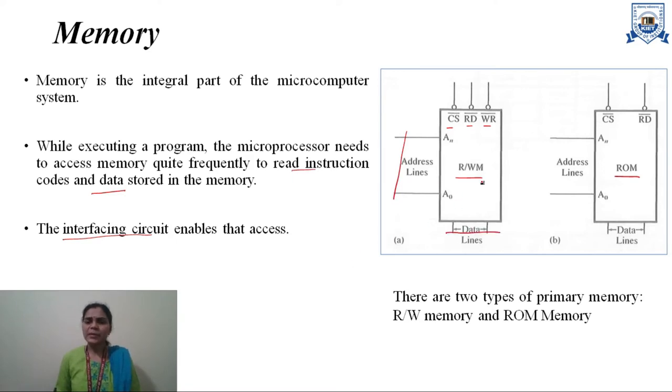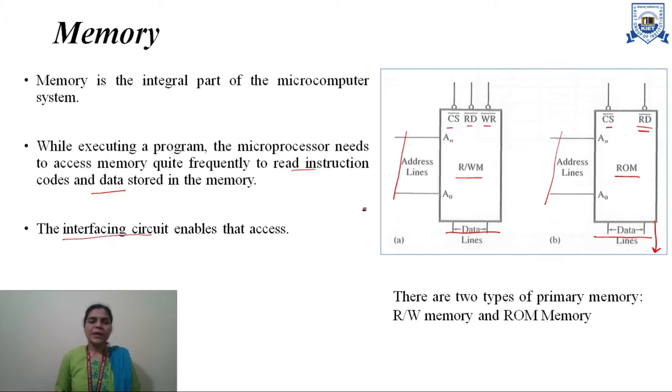In read-writable memory, data lines are bidirectional, whereas the ROM has a chip selection pin, only one signal, read, it will not have a write signal, and some number of address lines and some data lines. And in ROM, unidirectional data lines will be there.